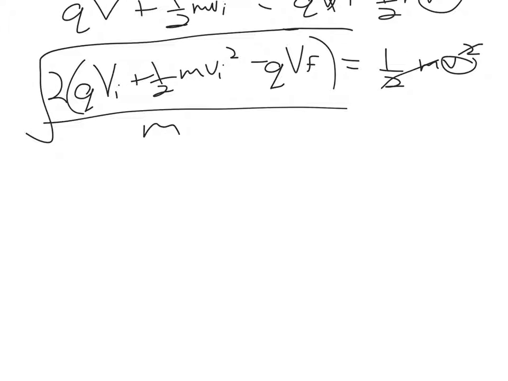So plugging in everything I know, and I got to remember my proton business. I can actually factor the Q out of these, and that'll be a little easier, I think. Do a big square root here.